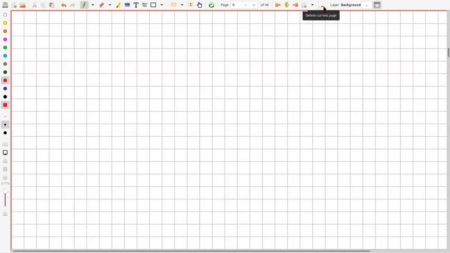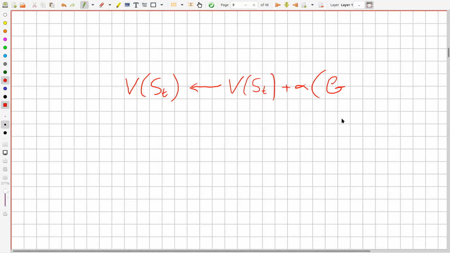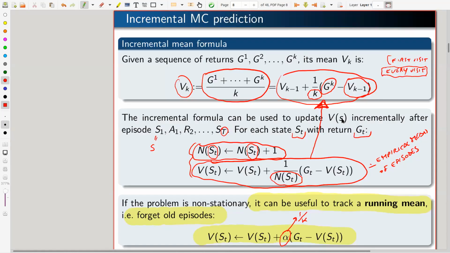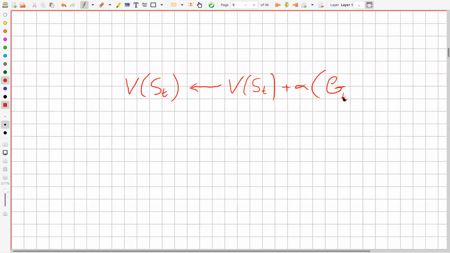And I also want to tell you this. So we now have this update rule. The value of this state will be updated by the value of the state plus this, minus the value of the state. Look at this.